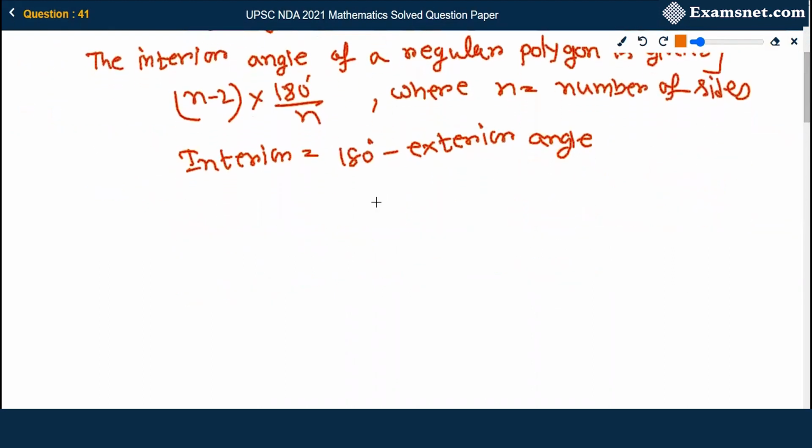Okay. So let's start with this particular sum, where the polygon is an octagon, meaning n equals 8 sides, right?